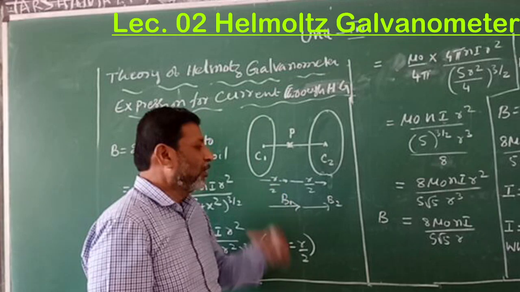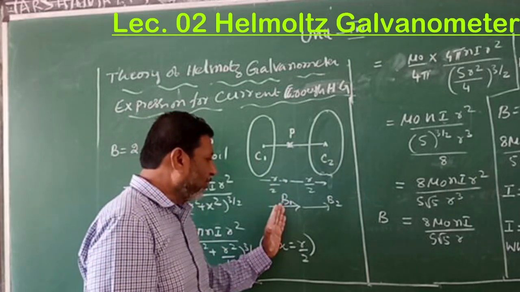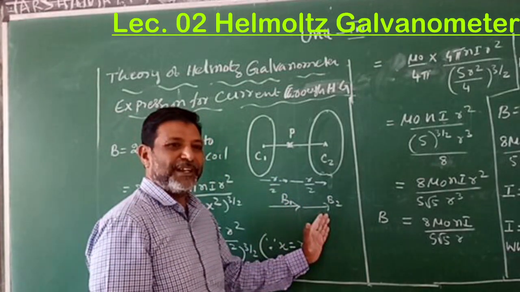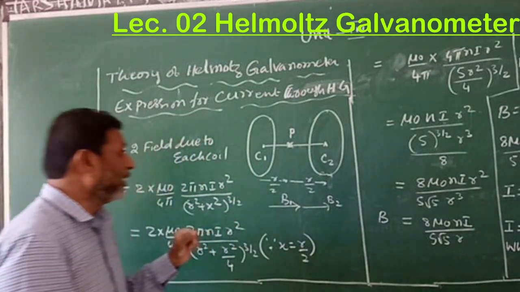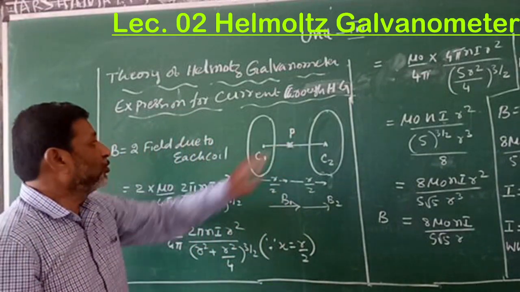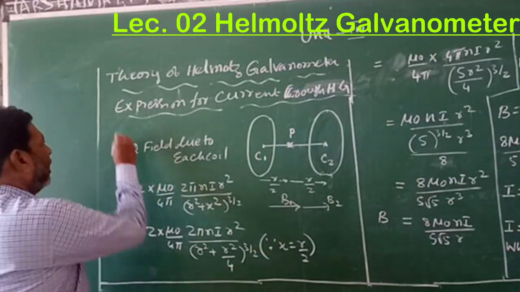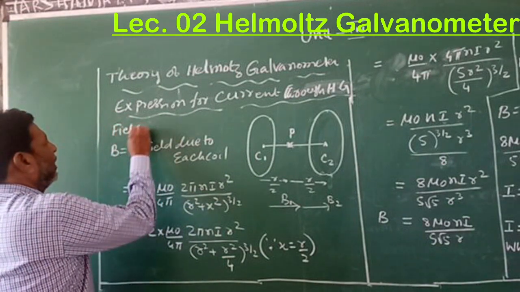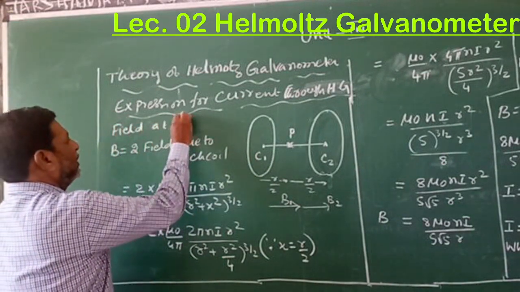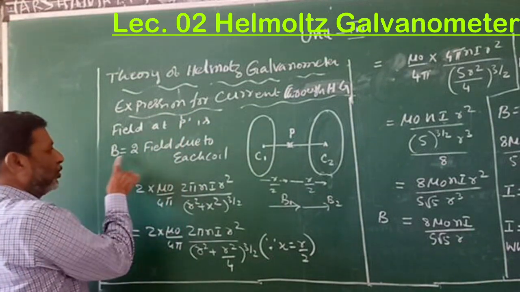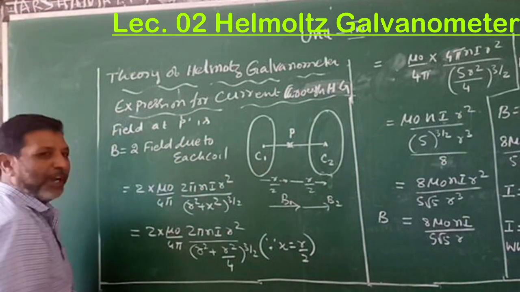Hence the total field at P is B equal to 2 times the field due to each coil, isn't it?